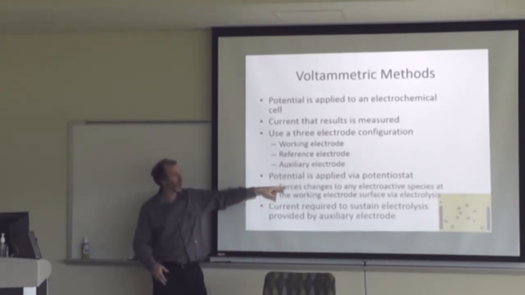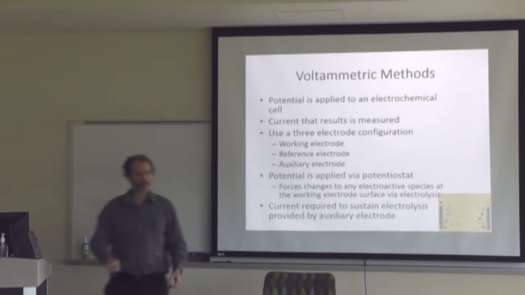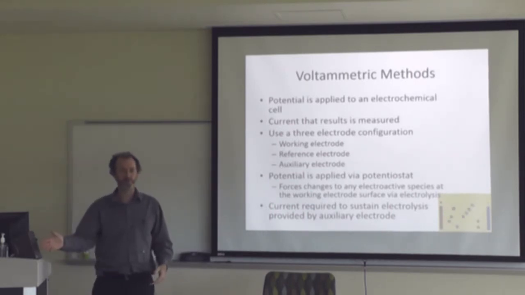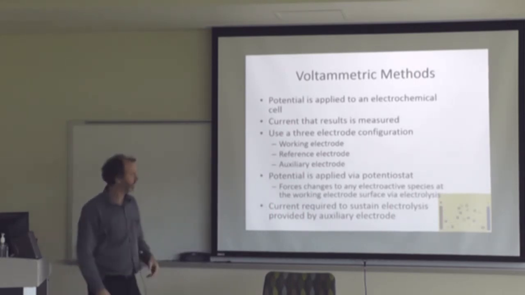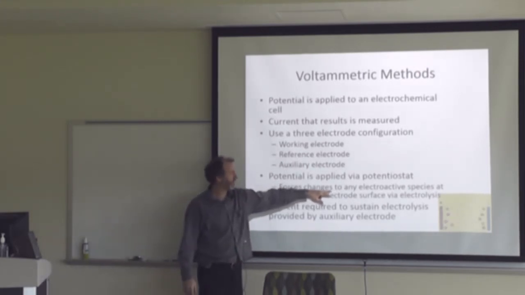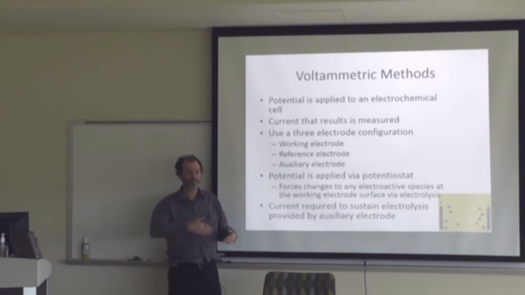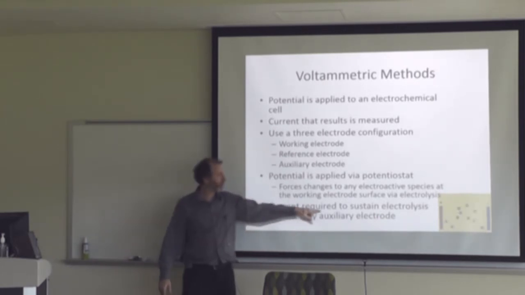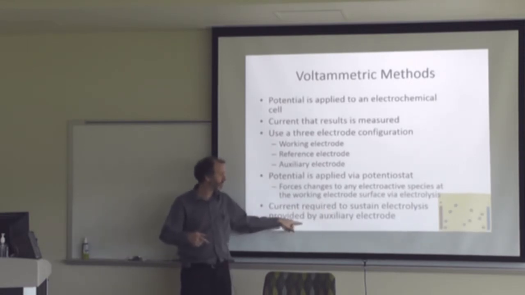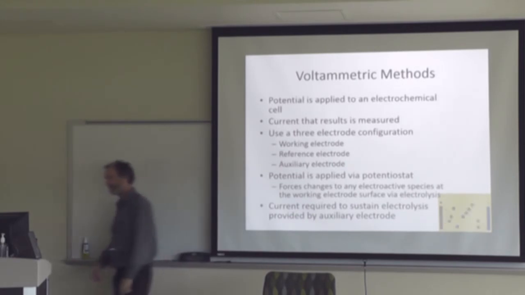The potential is applied via a potentiostat, which is basically just like a power supply that can give you whatever potential you want to deliver. It forces changes to any electroactive species at the working electrode surface via electrolysis. So you can basically force electrolysis, and then the current required to sustain electrolysis is provided by the auxiliary electrode. So you want to force that electrolysis and then sustain it.